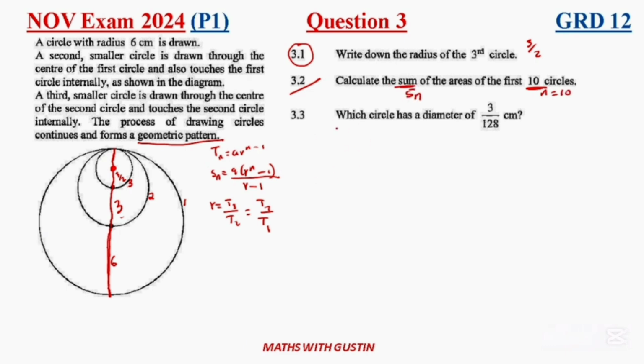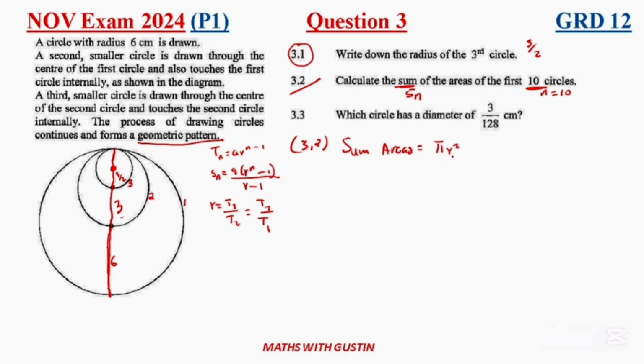Okay. But now what happens here when you are looking for these circles? So they are saying the sum of areas. What is the area here? The area of a circle is what? It is pi r squared.